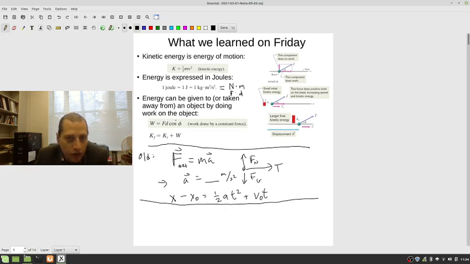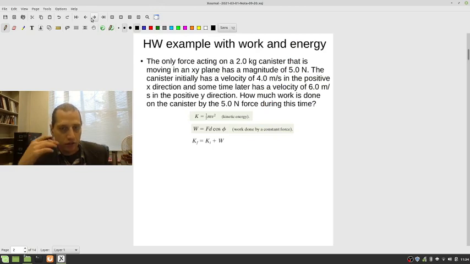You're doing work on that particle, and it makes it, at the end of the day, go faster. Okay, so just to say it again, what we're doing now is we're redescribing things that we've already done. But this kind of redescription is going to allow us to capture new effects, like later on, heat.